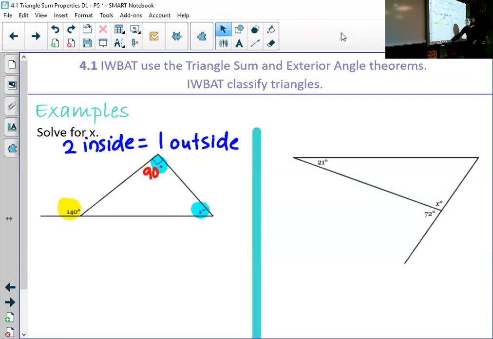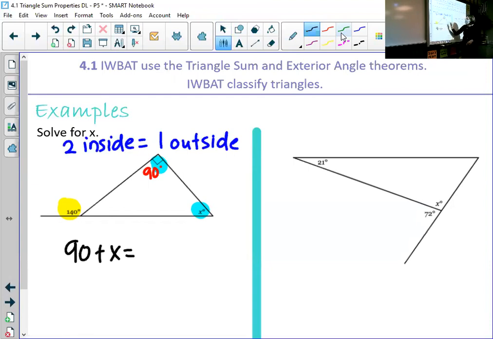So I can set this up, 2 on the inside, so 90 plus x equals the 1 on the outside. And so what do you get for your x? 50 degrees.